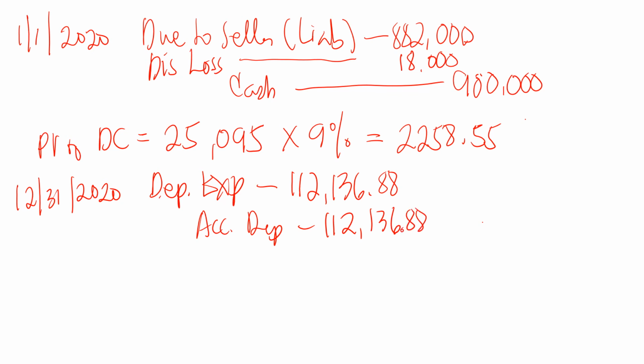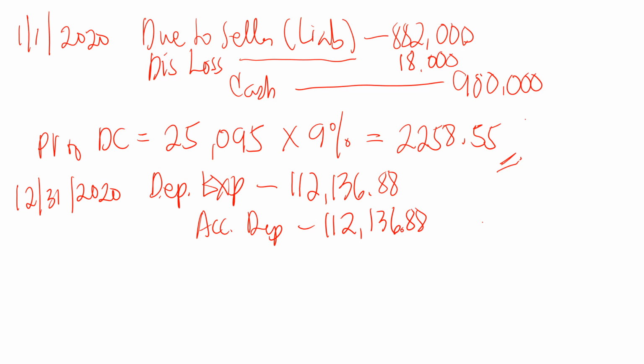Then, in addition to that one, we need to recognize the amortization of this 2,258.55. So this will be addition. So the amortization is always an addition to the dismantling cost.